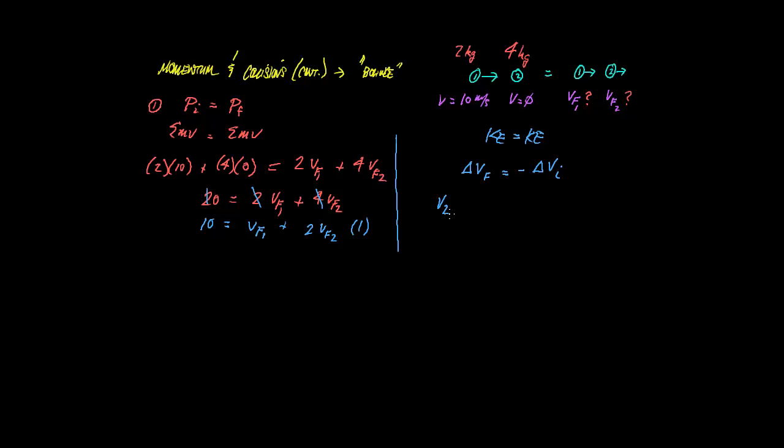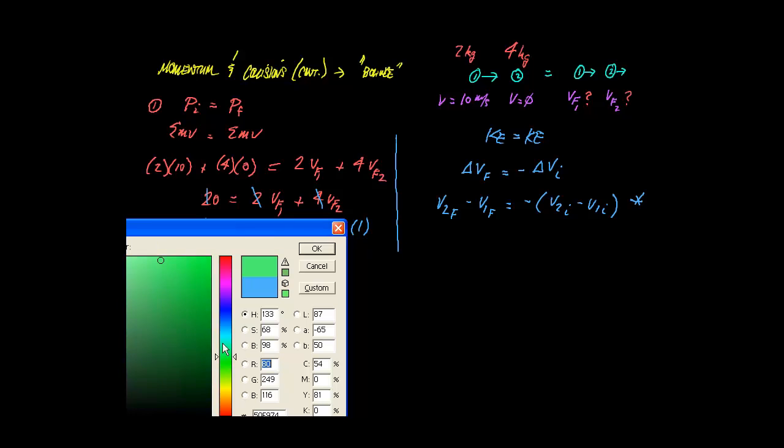If we write that out, it's v2 final minus v1 final equals the negative of v2 initial minus v1 initial. If you want to see how they do that in the book, knock yourself out. It's not very exciting reading, but you can see where we get that equation. So this is our second equation to help solve, because we have two unknowns.